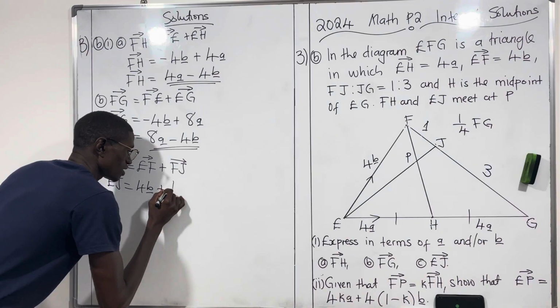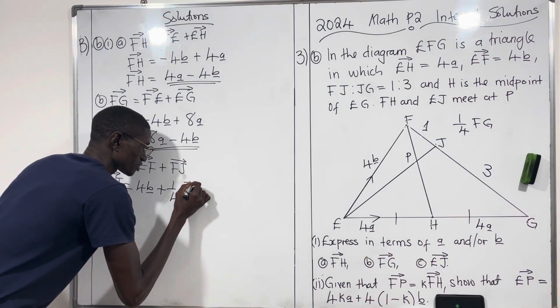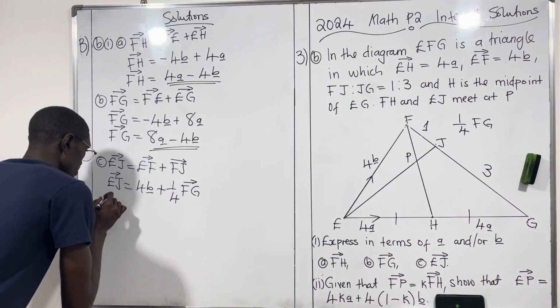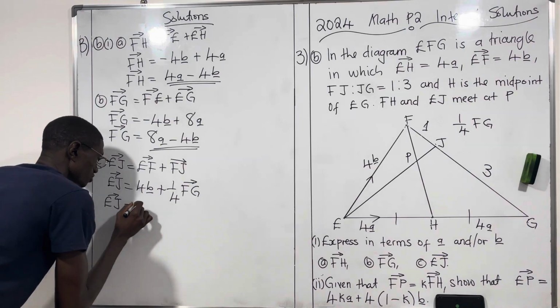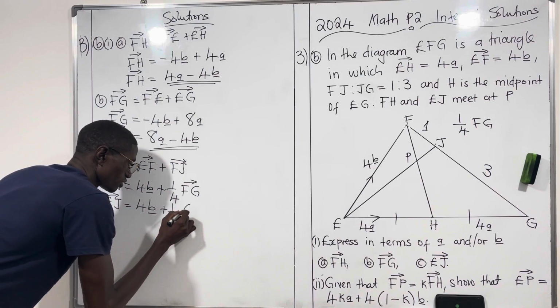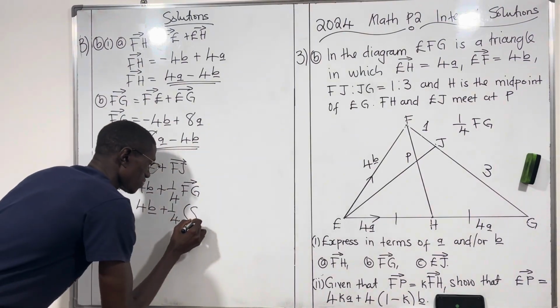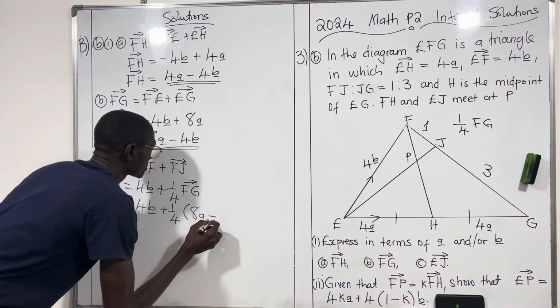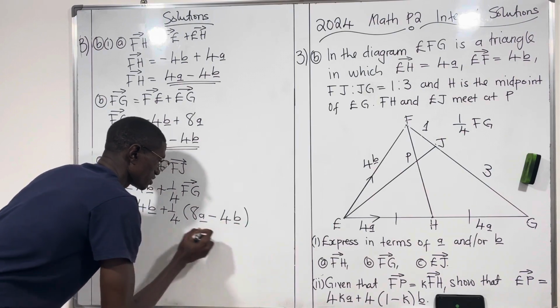So vector EJ is going to be equal to 4 vector B plus 1 over 4, in brackets, we plug in FG. FG is this one here, 8 vector A minus 4 vector B. Then we can simplify.